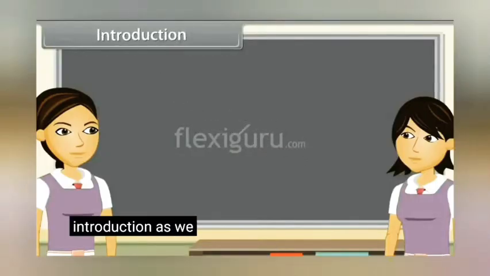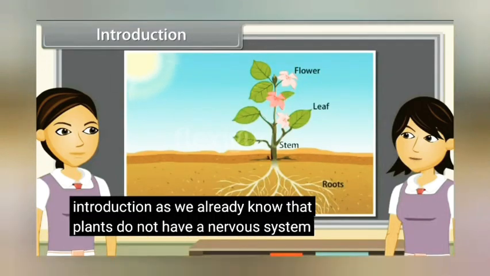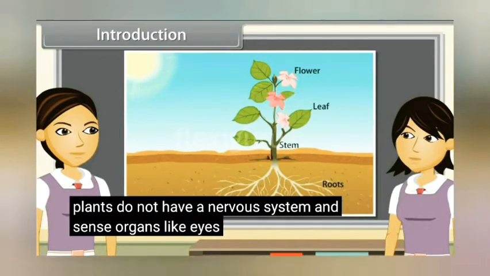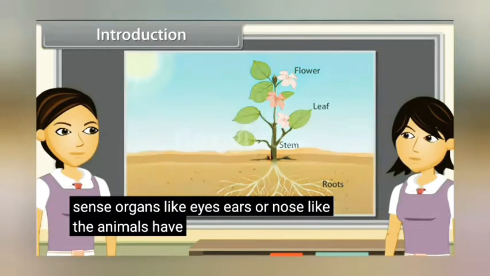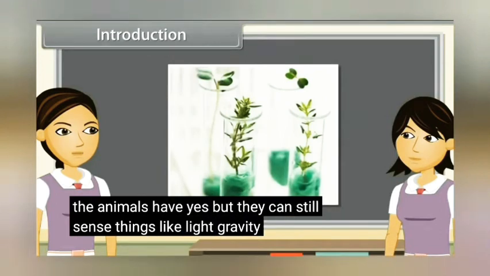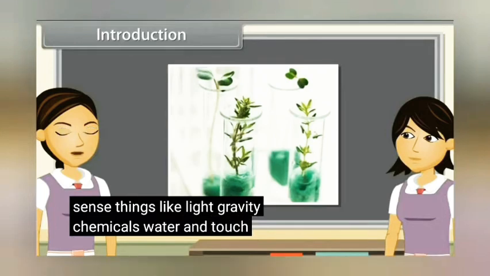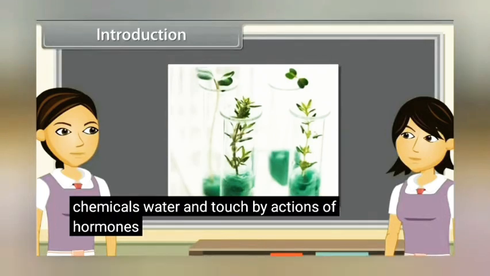Introduction. As we already know, plants do not have a nervous system and sense organs like eyes, ears or nose like animals have. Yes, but they can still sense things like light, gravity, chemicals, water and touch by the action of hormones on them.